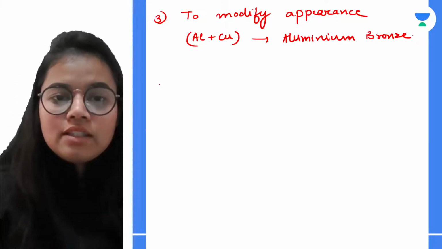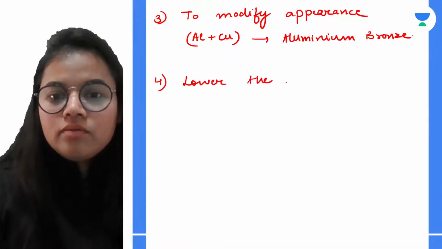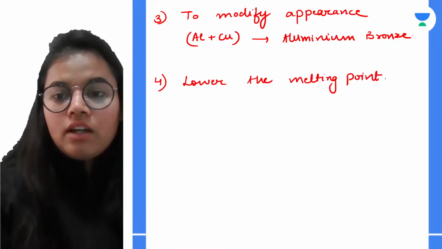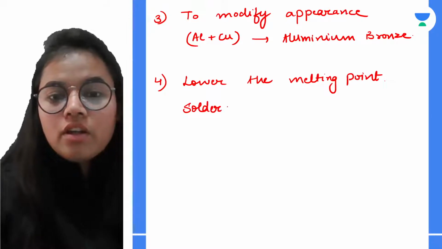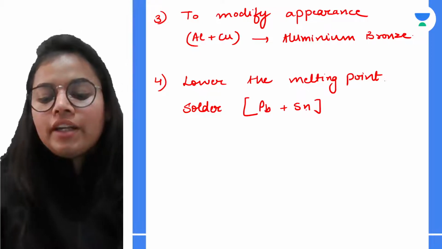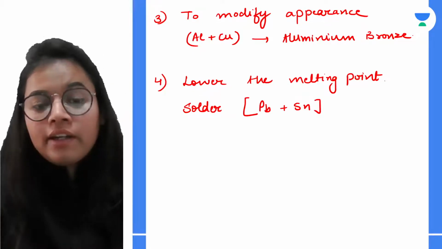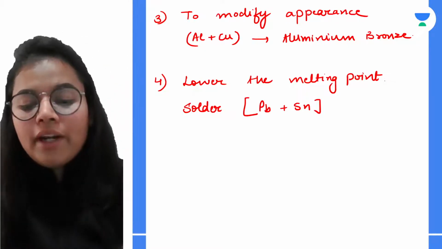Okay, next is we can use alloys to lower the melting point. I'm very sure you might have heard about solder. It is an alloy, and its melting point is lower than that of lead or tin separately. So basically it has been used to lower the melting point.